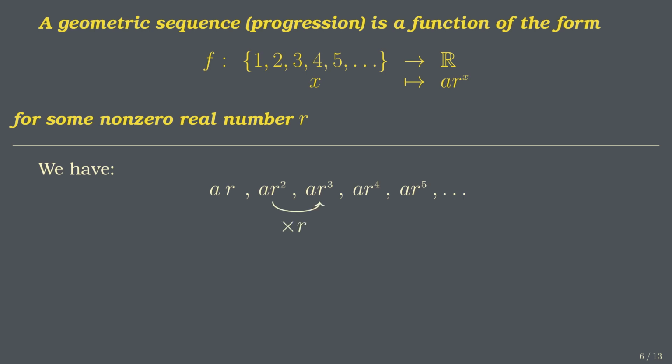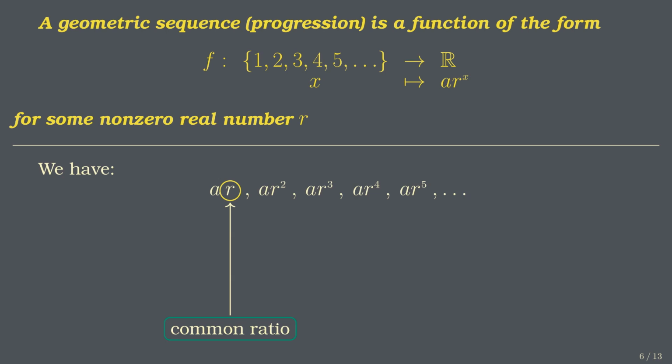From the second term to the third term, you have to multiply the second term by r, and so on, from third to fourth, from fourth to fifth. So r is the common ratio, meaning that if you take the quotient between an and an minus 1, it is the same number r for any n. That's why we call this the common ratio.